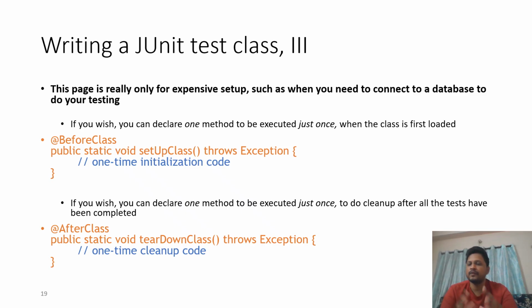For example, if I want to connect to one of the databases, I can set up the database connections, the username, password, all those things, in the BeforeClass, and in AfterClass, if I want to close that particular database connection, I can use AfterClass, for whatever class I'm validating at the database level. I can use this BeforeClass and AfterClass.